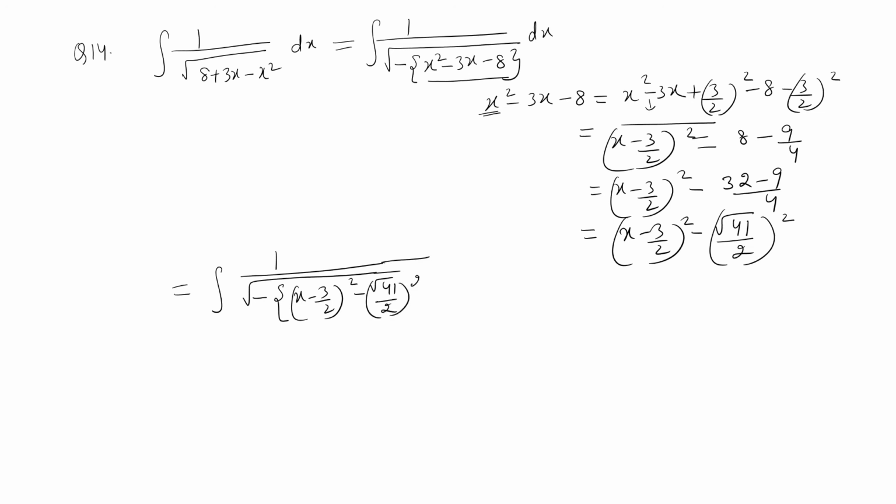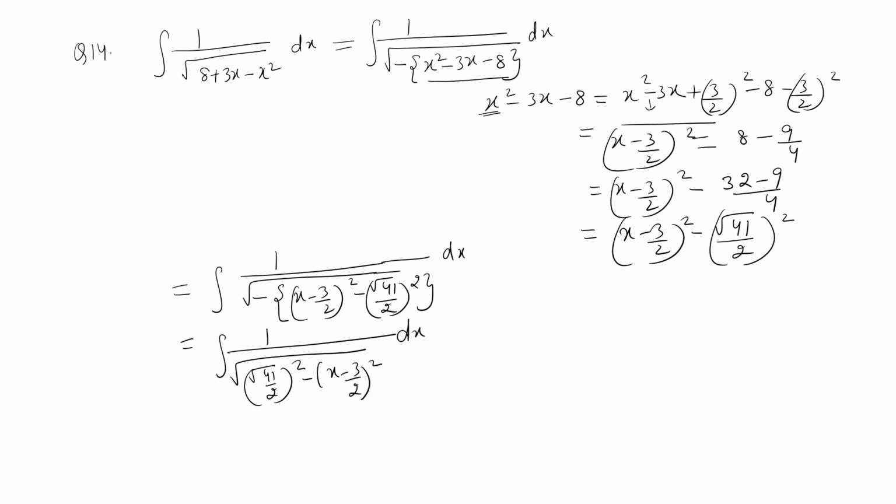Now to adjust this negative sign, I'll flip the positions. So it becomes (root 41 by 2) whole square at first, and then (x minus 3 by 2) whole square. The negative sign is adjusted.